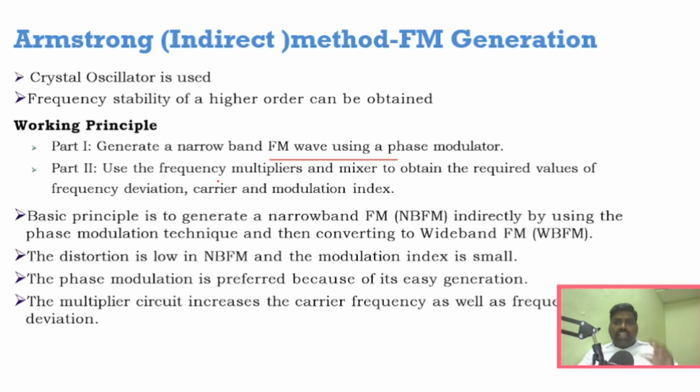We have already seen this in the previous unit, that is unit 1, but you have to understand how it is possible to generate an FM wave from PM. Why do we call this the indirect method? We call this indirect method because we are not generating FM directly from the carrier signal. We are generating the FM from the PM wave by using a phase modulator. How is it possible, sir?